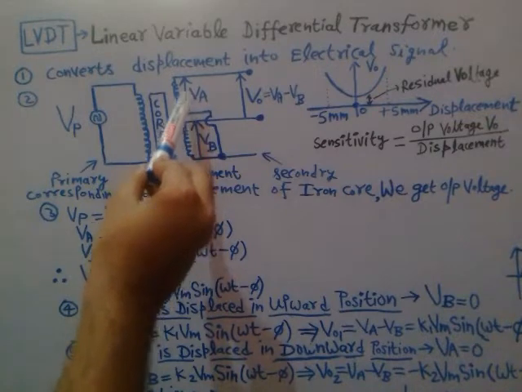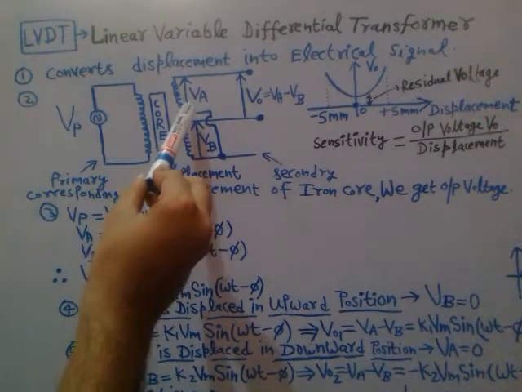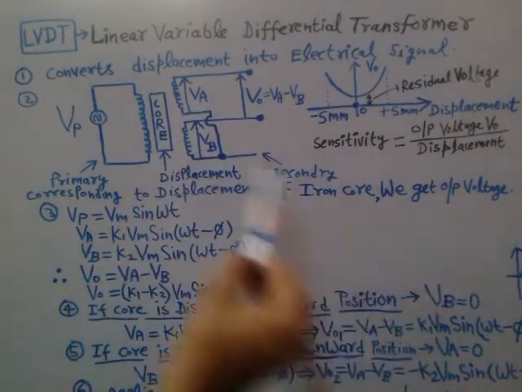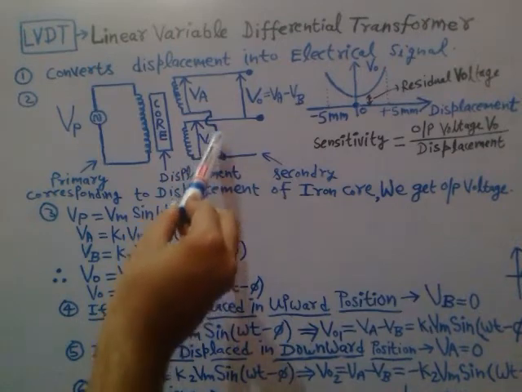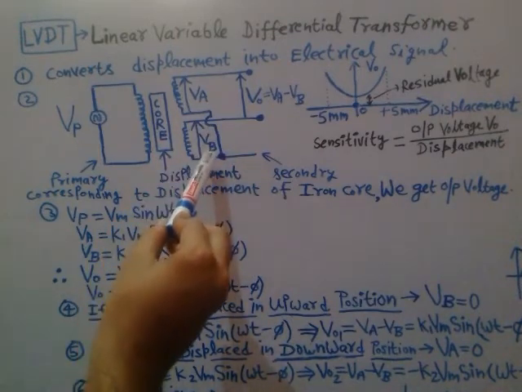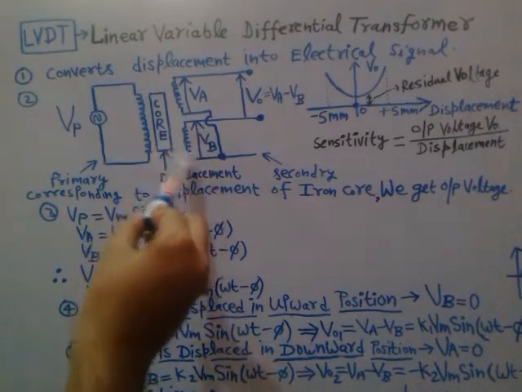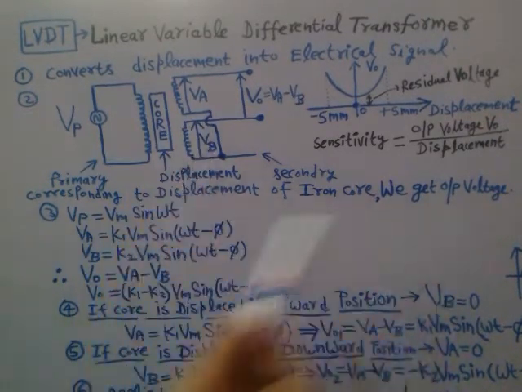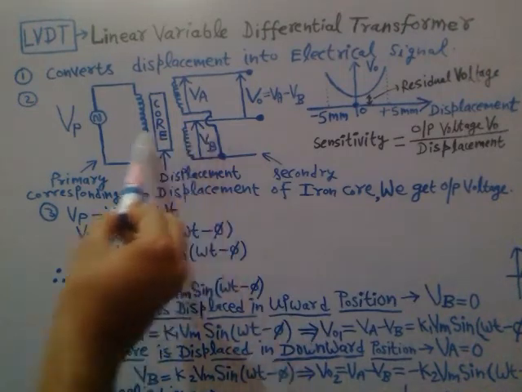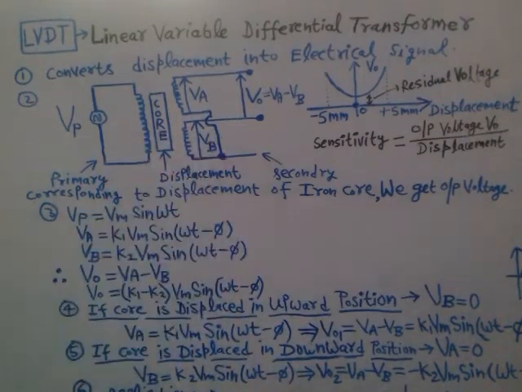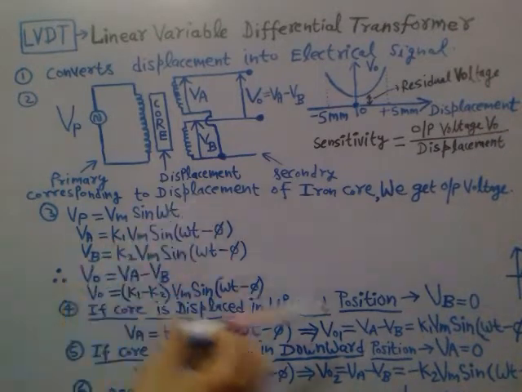The voltage induced in the lower part of the secondary winding, that is VB, will be 0 because no flux line is linking with the lower secondary winding, right? So VB will be 0.